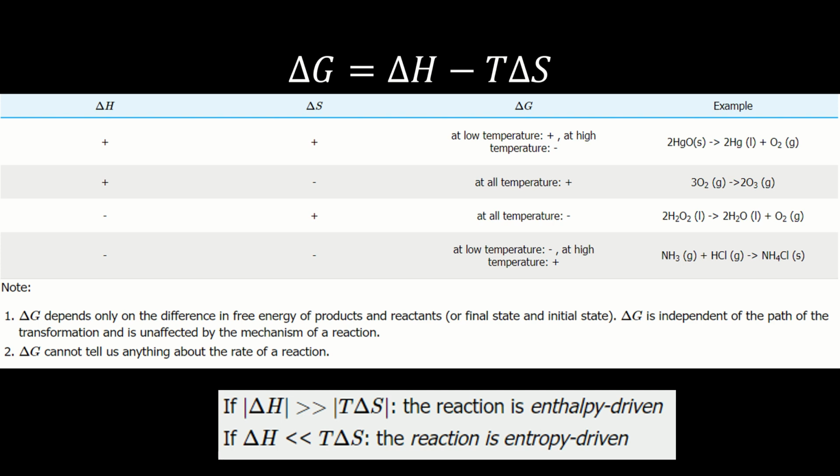Therefore, if we had enthalpy as some positive value and we had entropy as some negative value, then we would have some positive quantity minus a negative quantity, which would be overall positive. Therefore, a chemical reaction will always be non-spontaneous if enthalpy is positive and entropy is negative, and it will not depend on temperature.